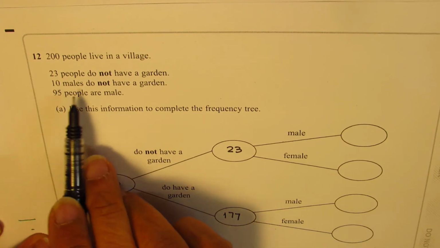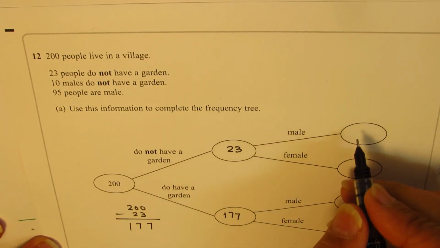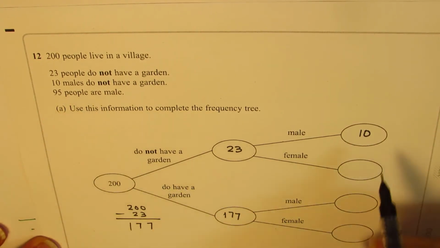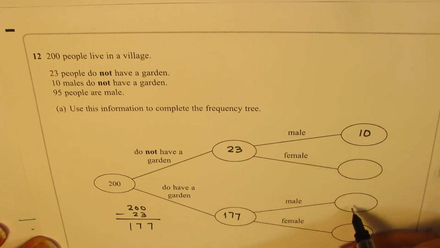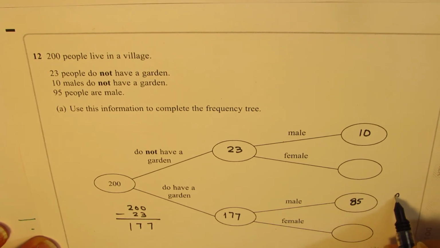Now, 10 males do not have garden. So out of those, males who do not have garden is the number 10. 95 people are males. That means these two should be 95. So this has to be 85. Clear? So we got this by doing 95 minus 10, right?